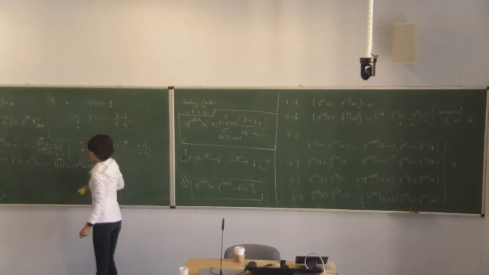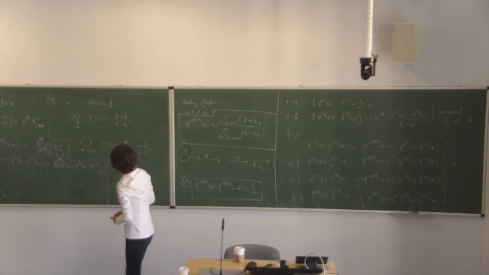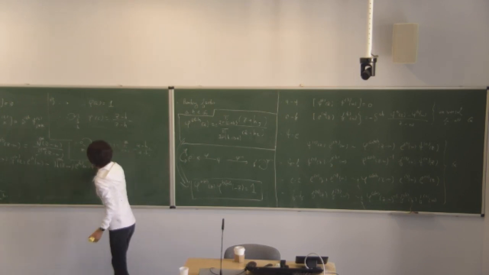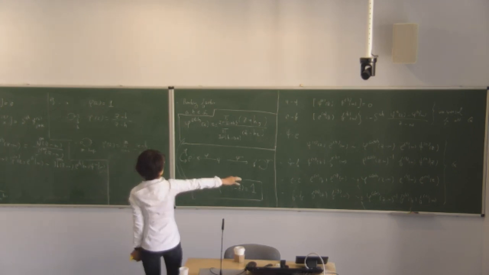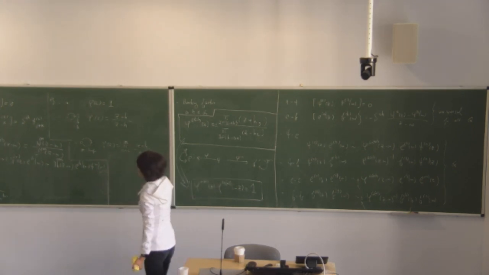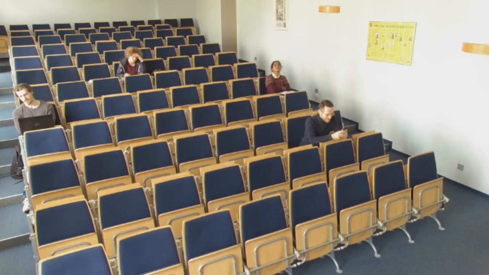Wait, so the weights can be different. The weights on the M loops can be different or can be the same. A priori they should be different.